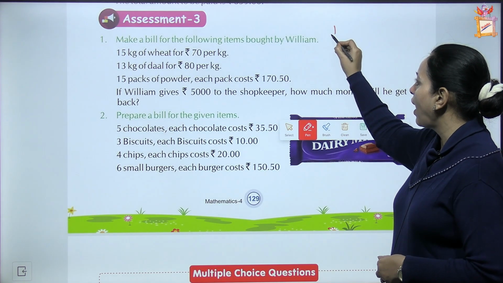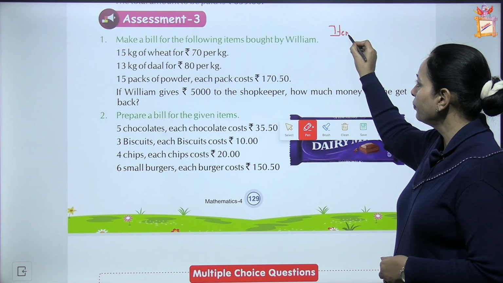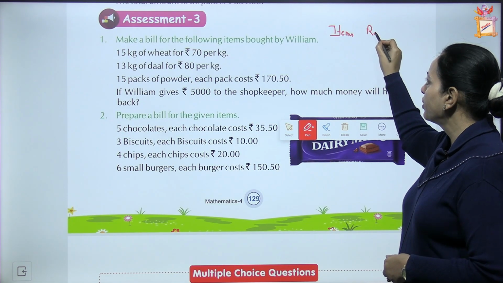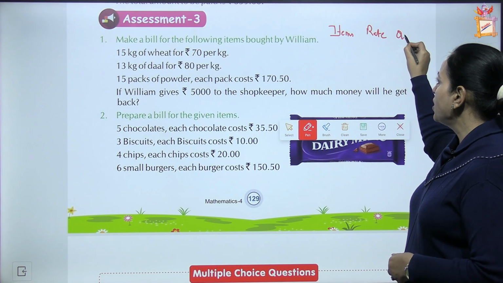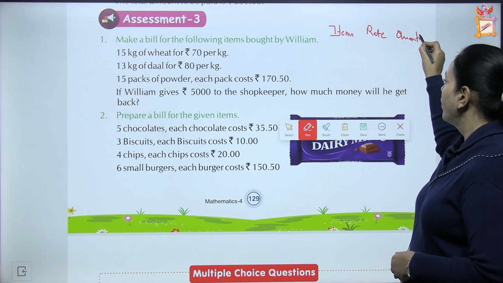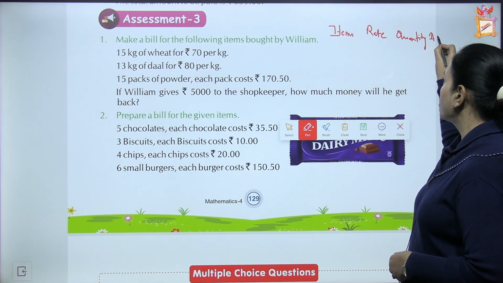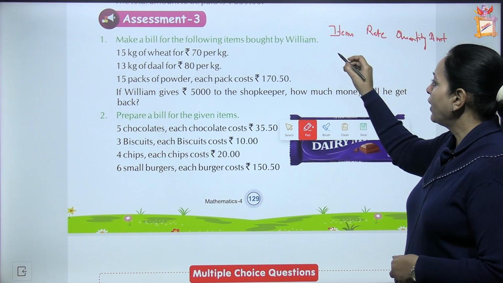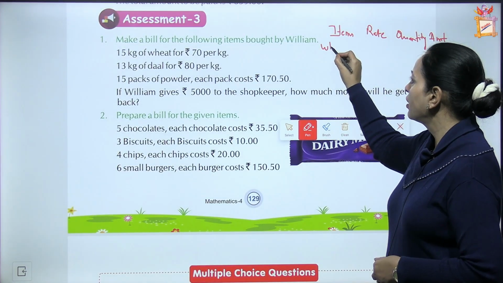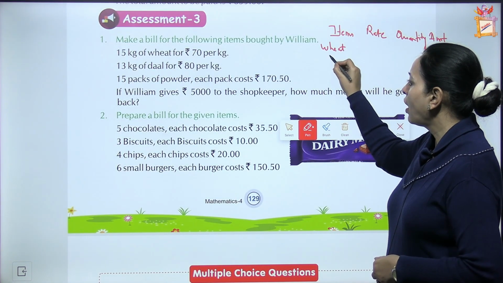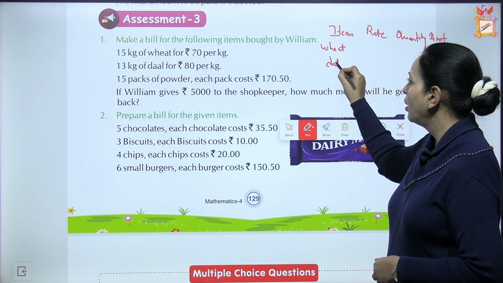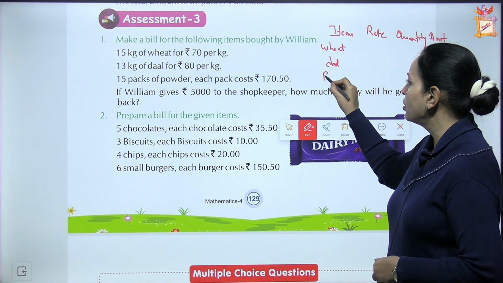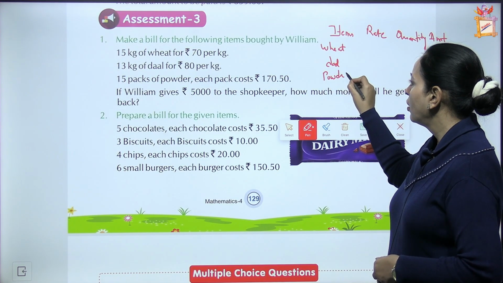First you will write the items, rate, quantity and amount. So like items, wheat, dal and powder.